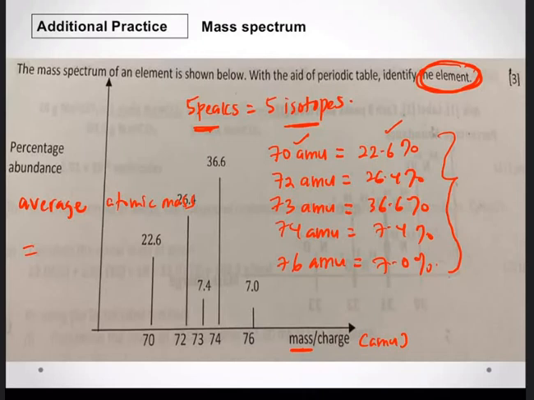Okay, yes. AMU tu, dia stands untuk apa? Atomic mass unit. Ingat tak semalam? Atom molecule kan dia special, dia tak boleh guna kilogram dan semua kan. So kita ada atomic mass unit. So short form dia AMU. Okay, terima kasih madam.